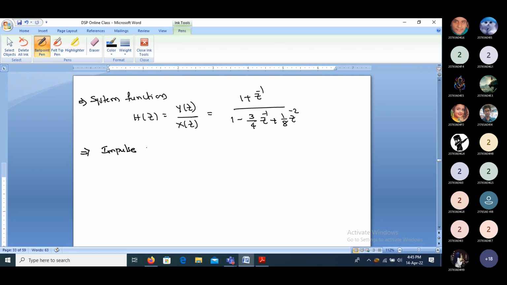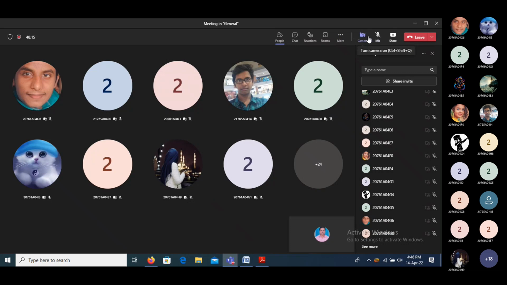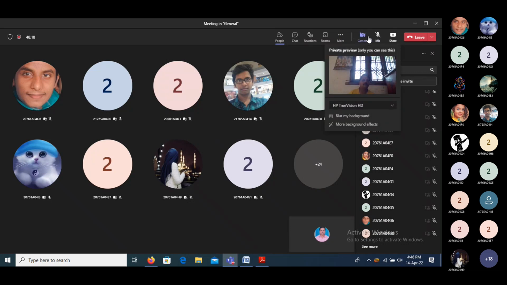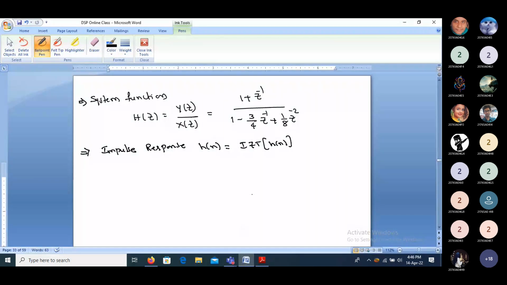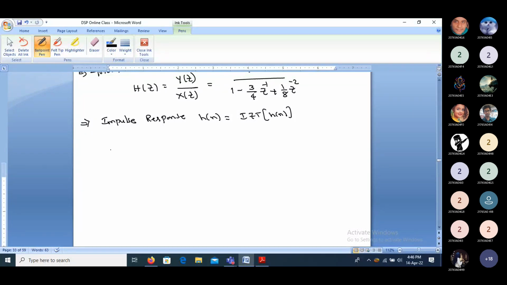It is the inverse Z-transformation of H(z). So the impulse response is h(n), which is the inverse Z-transformation of H(z).